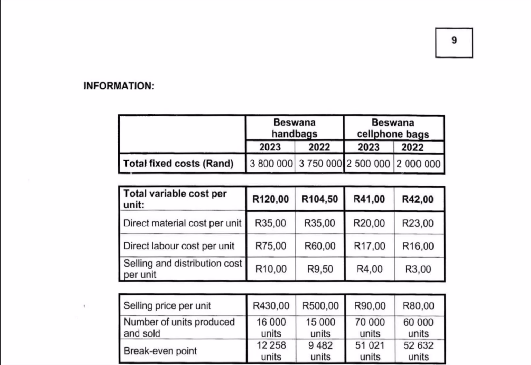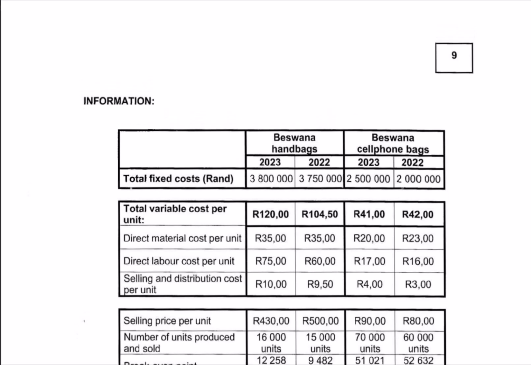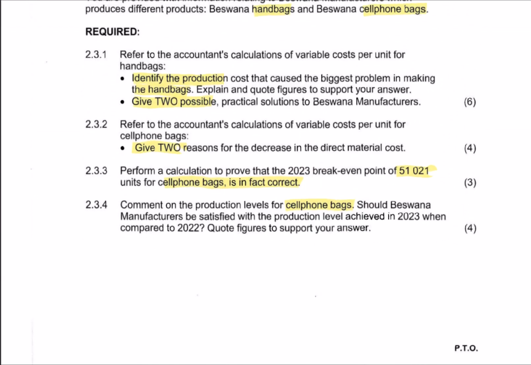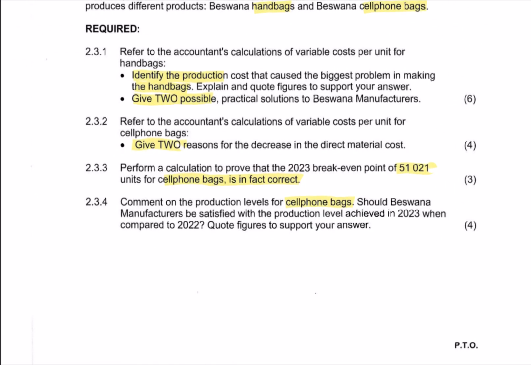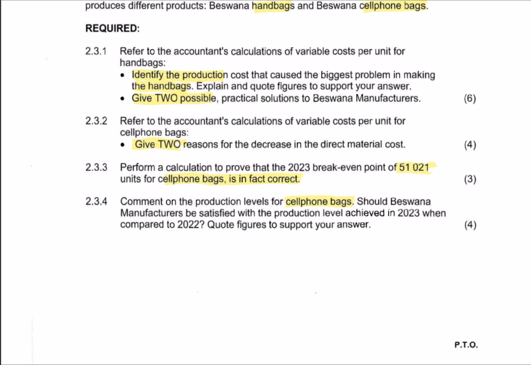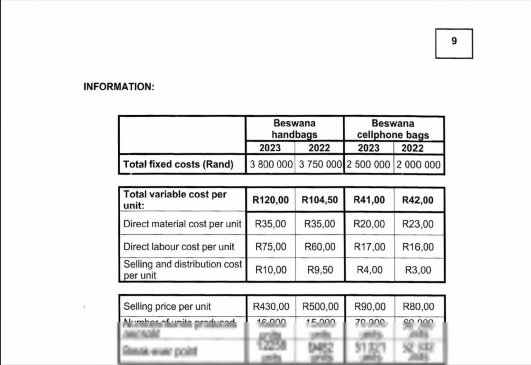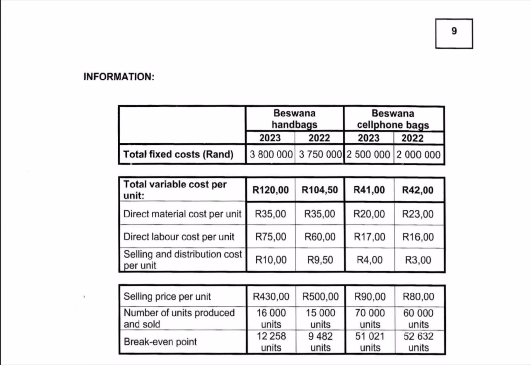Right, then you have Botswana handbags. I remember the first key thing that you're asked to calculate: identify the production cost that caused the biggest problem in making the handbags. So you have the cost, right?